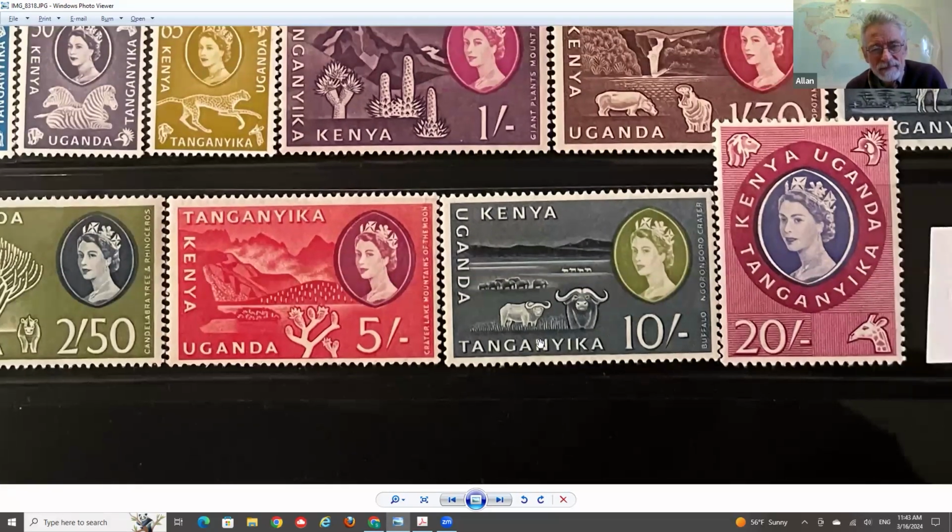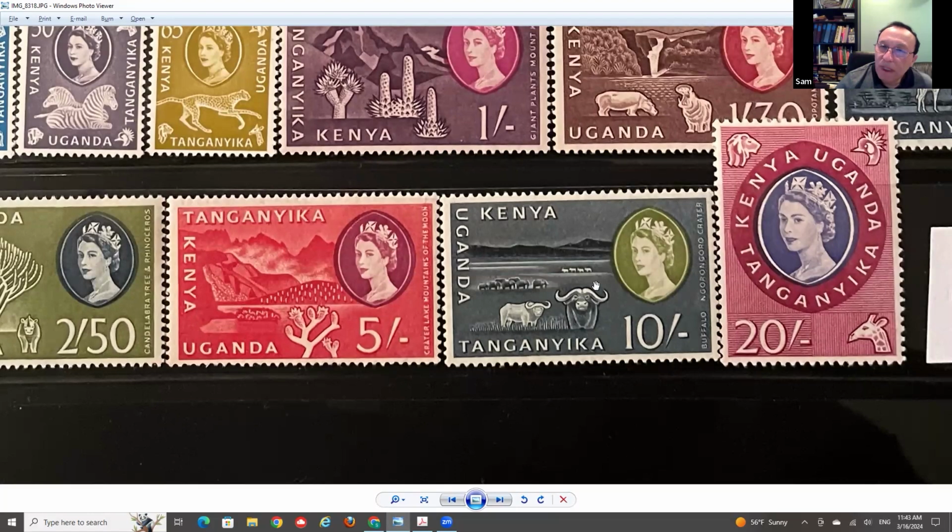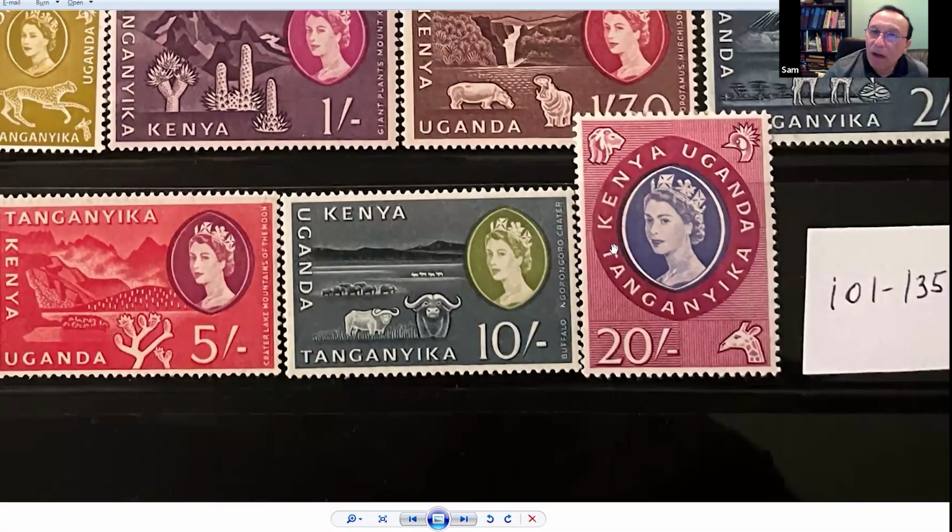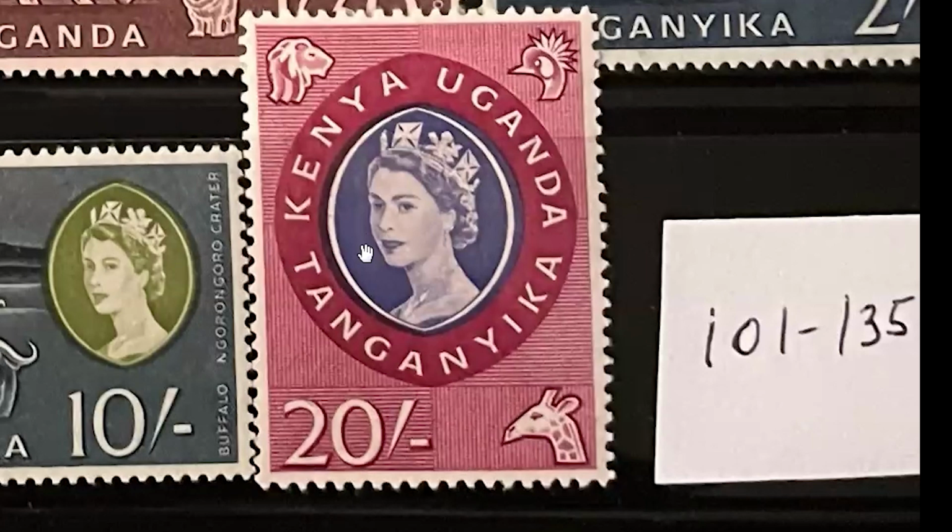Now here, Tanganyika, and buffaloes in here. And now this is the last stamp printed in these three territories using the picture of the queen. After this stamp, they kept printing more stamps, but not including her because they were independent. So this was printed in 1960.